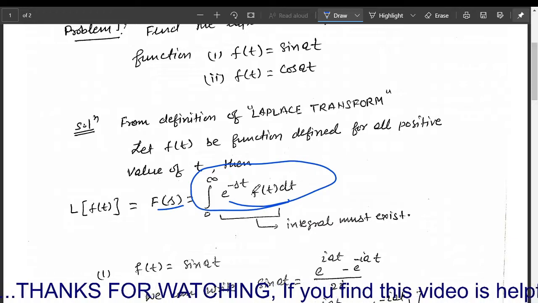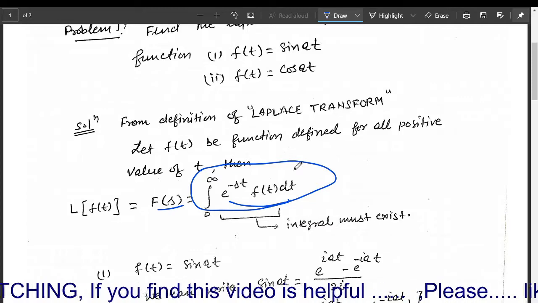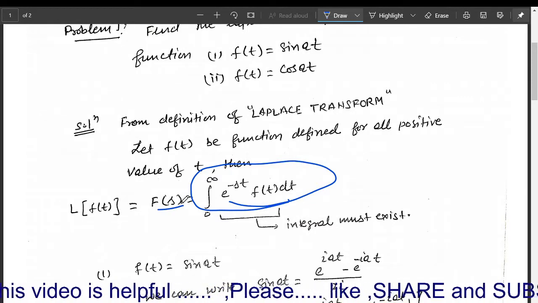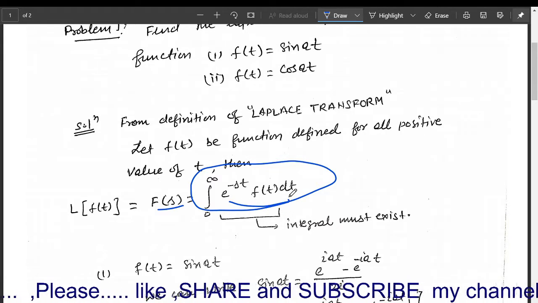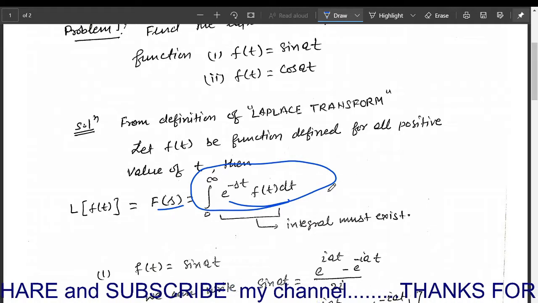This is the standard form of the Laplace transform. One condition you should keep in mind is that the integral must exist.